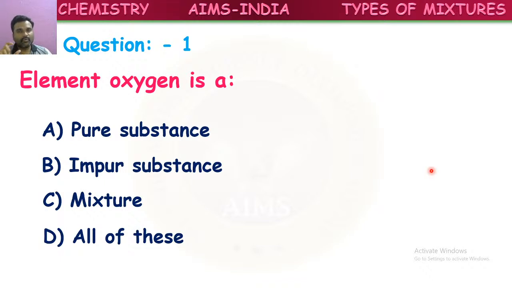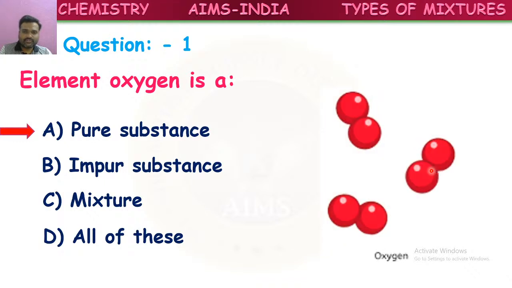If it is made up of only one kind of atoms, then it is said to be an element. So it is an elemental pure substance. Element oxygen is made up of only one kind of molecule, the O2 molecules. Hence, it is a pure substance, not a mixture.